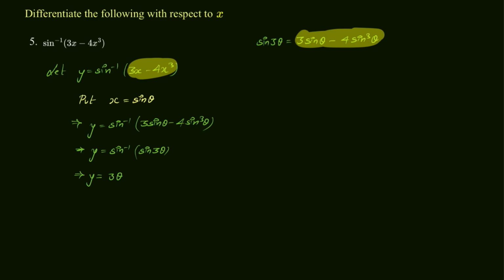Now let us put back the value of theta, and the value of theta from here is theta equals sine inverse of x. Therefore my function will be y equals 3 sine inverse of x. Now we will differentiate at last, that is dy over dx will be 3 into ddx of sine inverse of x, and ddx of sine inverse of x is 1 over root over 1 minus x square. So this is the answer.